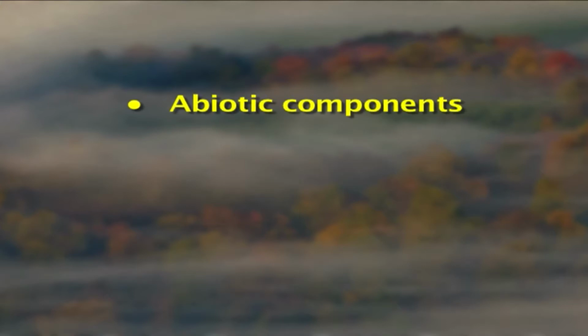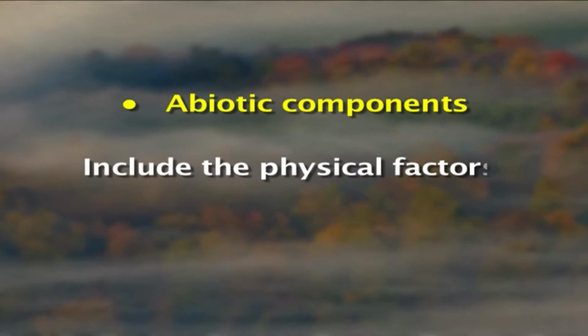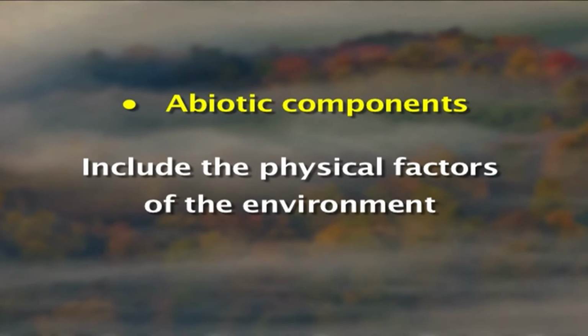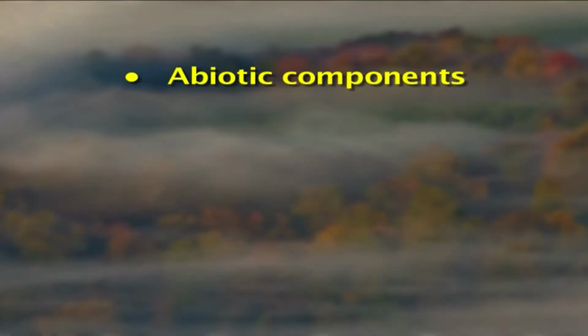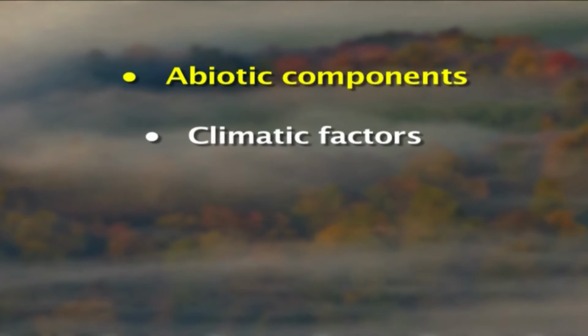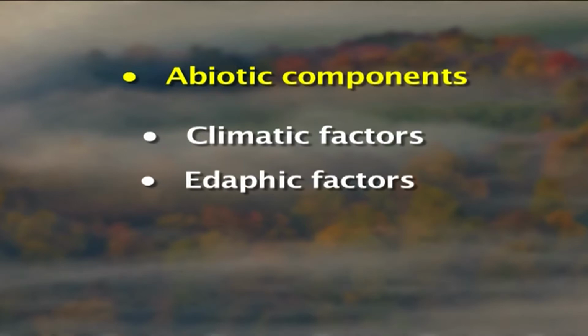Now, first abiotic components. Abiotic components include the physical factors of the environment which are non-living and have a major influence on the life of organisms. The abiotic components are of two types, namely climatic factors and edaphic factors.